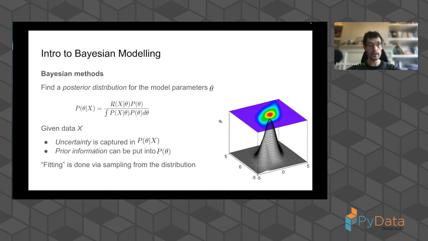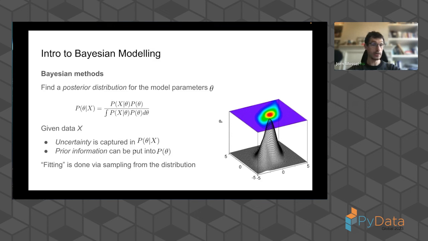And we can compute that using Bayes' rule. This term here is what we call our likelihood function. That's basically, given some theta, what distribution your data will follow. And we have a prior distribution.